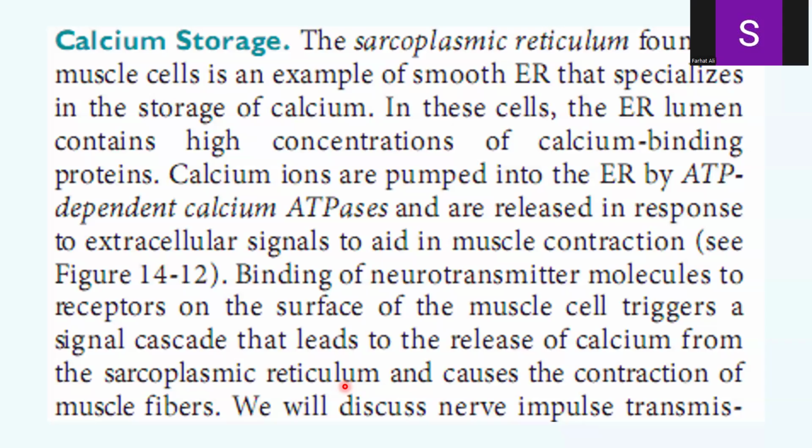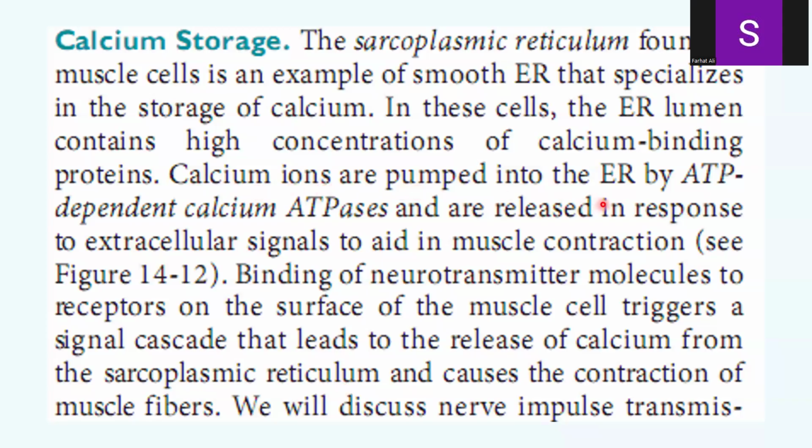Well, that is one role of calcium. Calcium is important for many other processes as well. There are calcium pumps called ATP-dependent calcium ATPases. These pumps use the energy of ATP hydrolysis, and they transport the calcium ions into the ER.